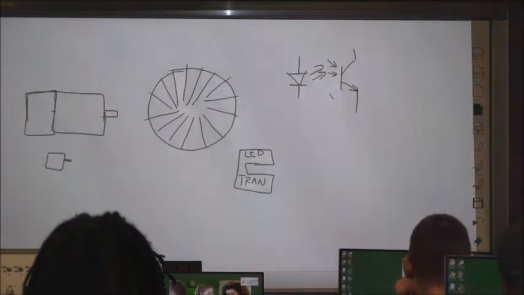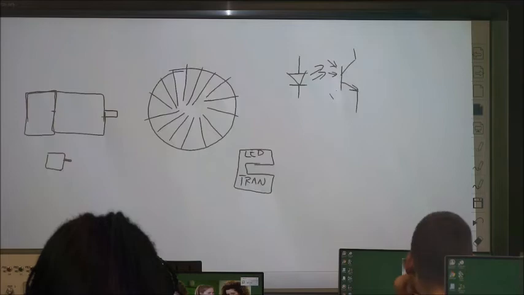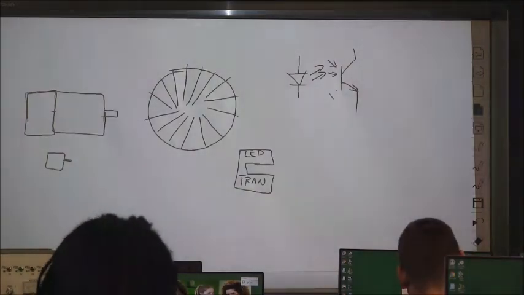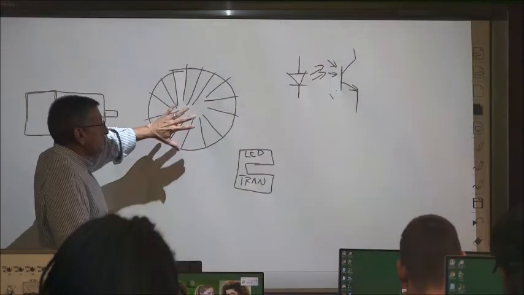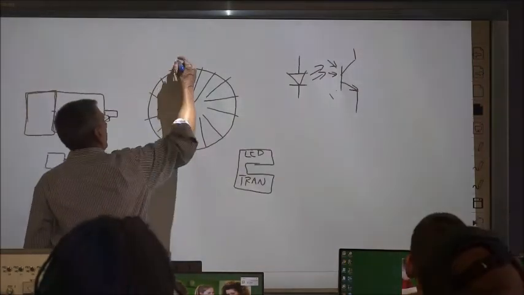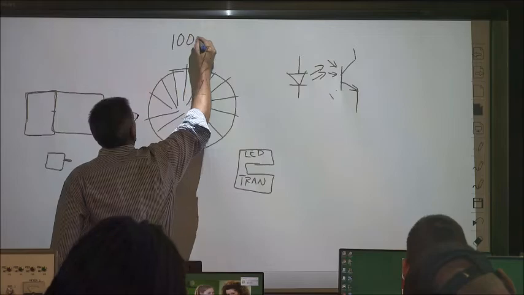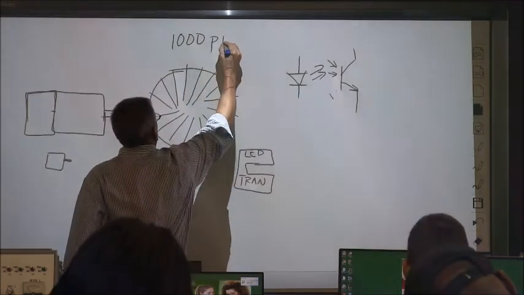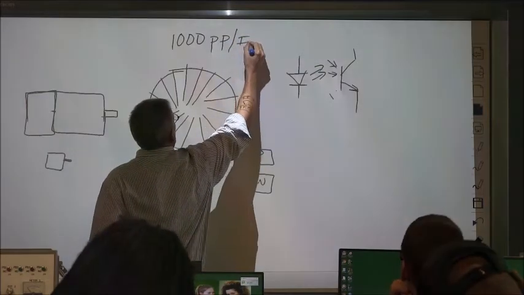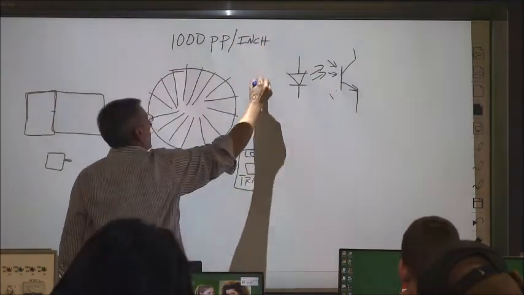If anybody's around the machine tool world, there's a ton of that stuff out there. Yeah, you're counting pulses. And the way they're rated is, this encoder might be rated at, and this is strictly an example, 1,000 pulses per inch, or per revolution.